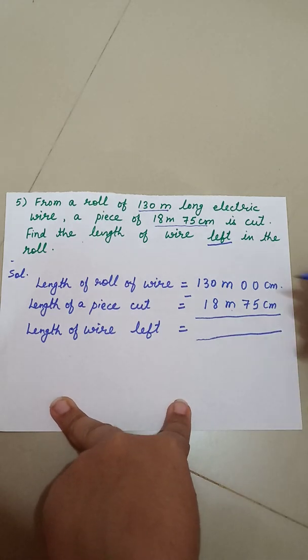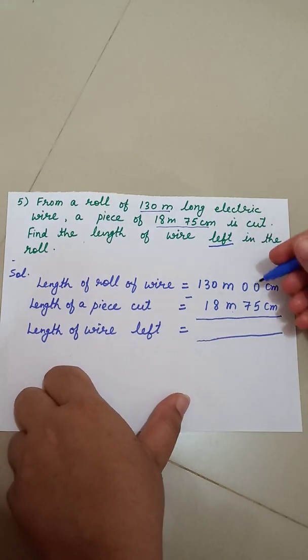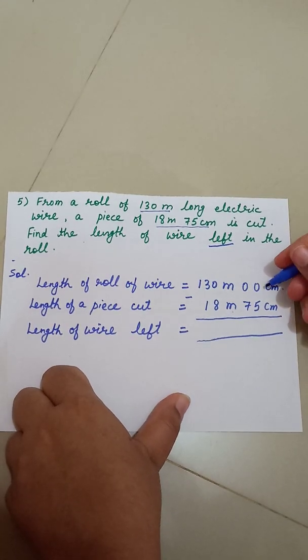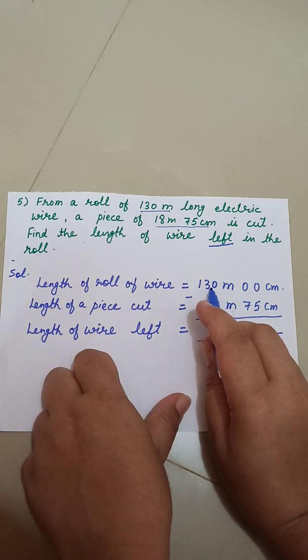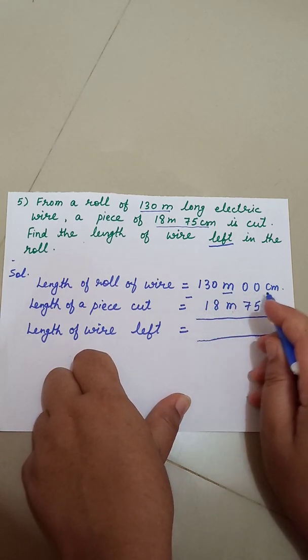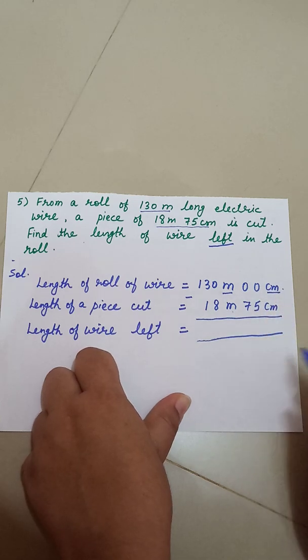So see, again we have 0 centimeter here. We cannot subtract 75 from 0. So we have to borrow from here, but this is meter and this is centimeter. Unit should be same. So we will borrow 1 meter from here.